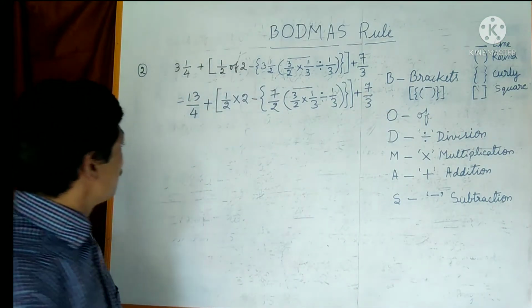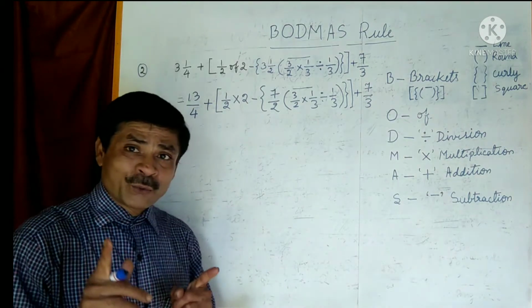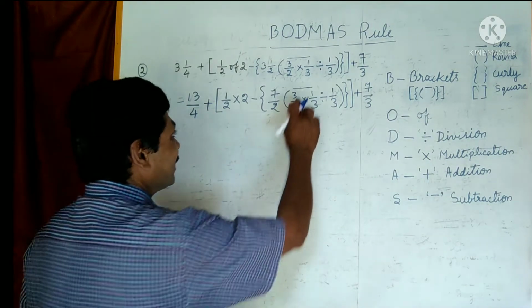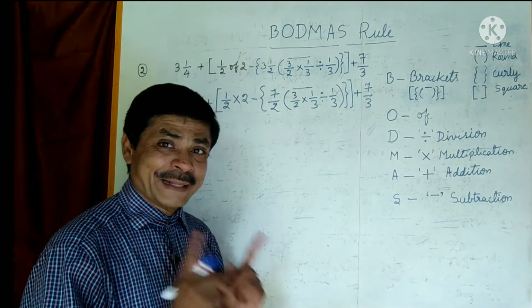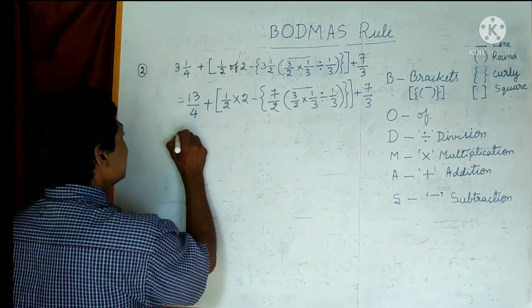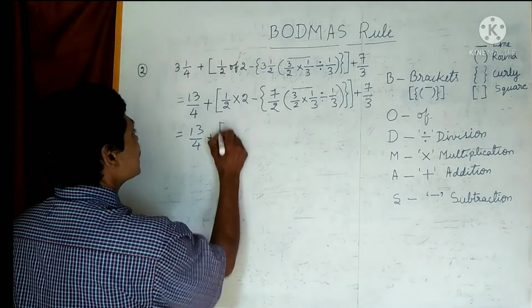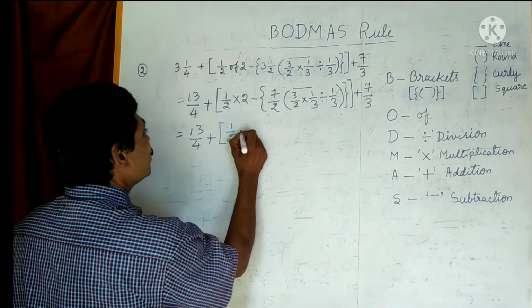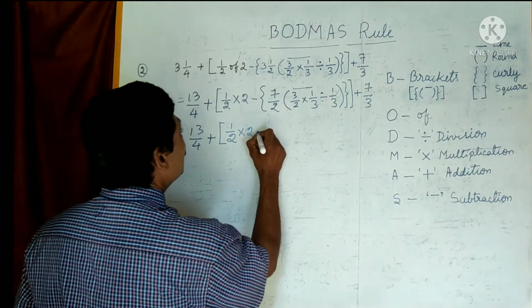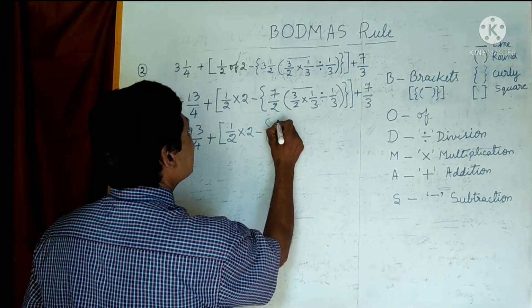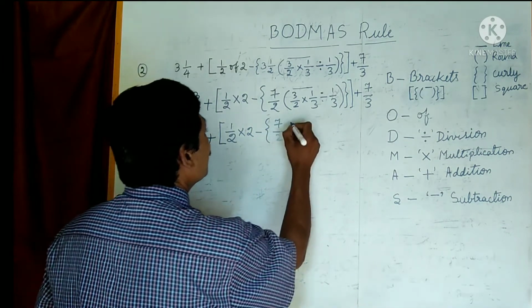Okay. Now, first we have to solve the line bracket. Remaining things we will write as it is. This is equal to 13 divided by 4 plus 1 by 2 into 2 minus 7 by 2.